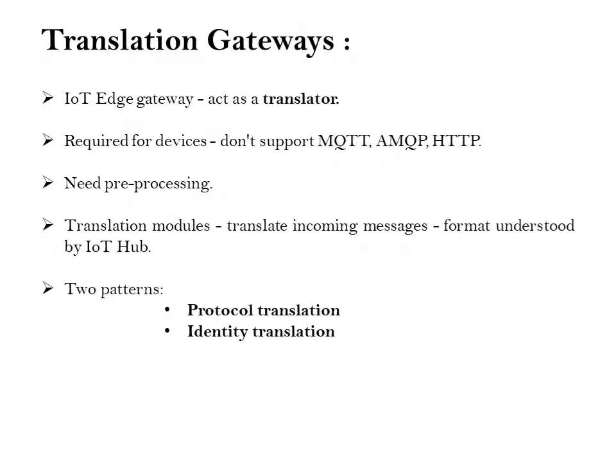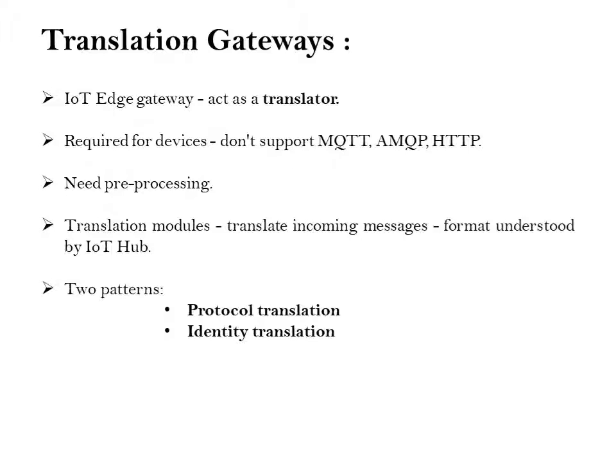Coming to translation gateways, if downstream devices cannot connect to IoT hub, then IoT Edge gateway needs to act as a translator. Often, this pattern is required for devices that do not support MQTT or AMQP or HTTP protocols. Since these devices cannot connect to IoT hub, they can't connect to IoT Edge Hub module either without some sort of pre-processing done here.